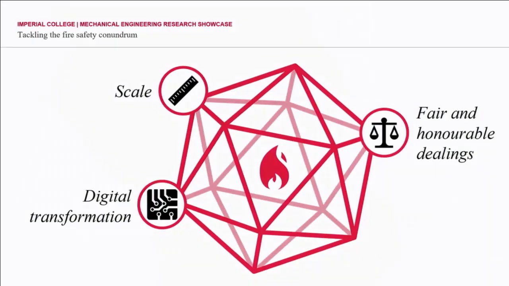What are the cornerstones in this multifaceted system that can create or contribute to a system which will produce effective, resilient, fire-safe spaces? Today, I just want to try and focus on three, which I've classified as scale, fair and honourable dealings, and digital transformation. So first to scale.